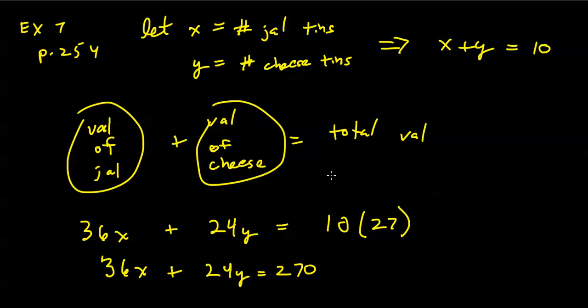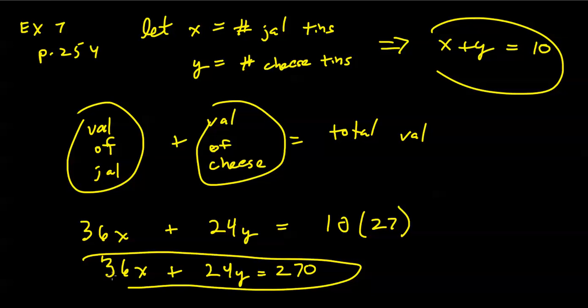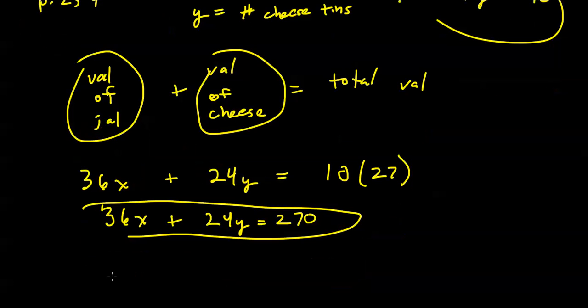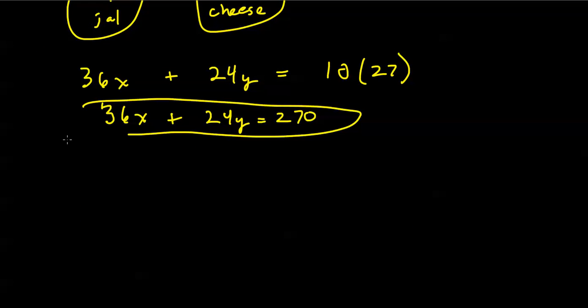Alright, so I've got two equations involving two unknowns, which I should be able to solve pretty easily. Let me rewrite the system here. X plus y equals 10, and 36x plus 24y equals 270.